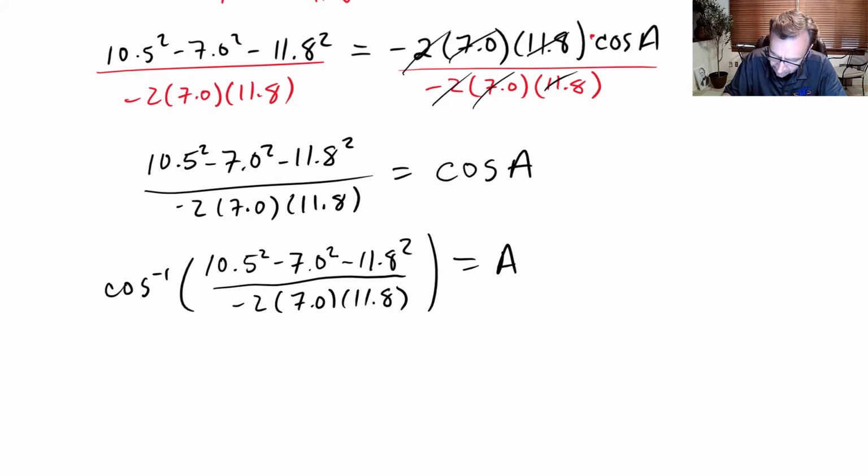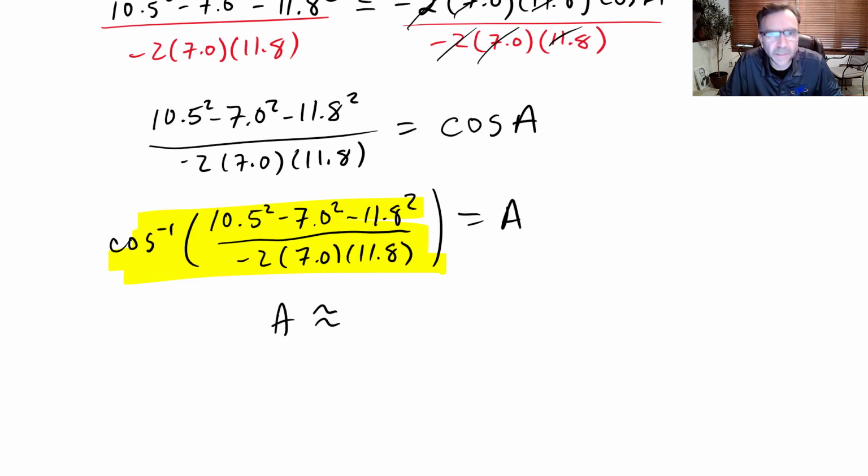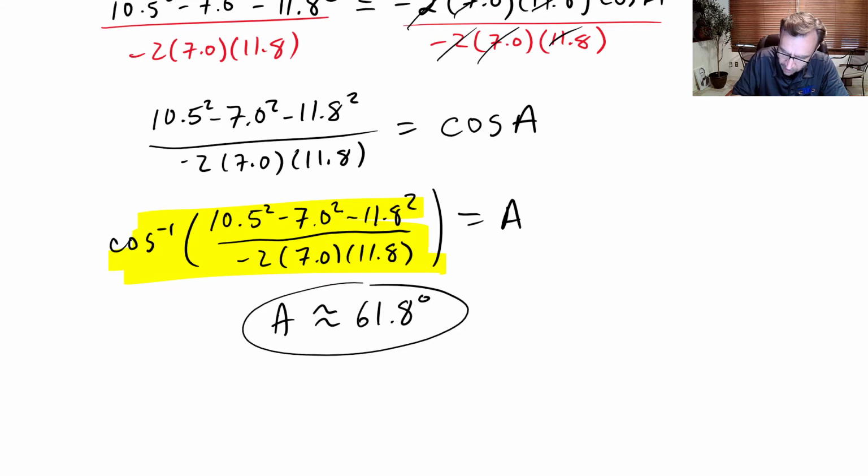So I'm going to type this straight into the calculator. If you want, you can do the inside calculation first and then hit the cosine inverse, but either way, we're going to get A is approximately equal to 61.8. I am in degree mode, so 61.8 degrees.